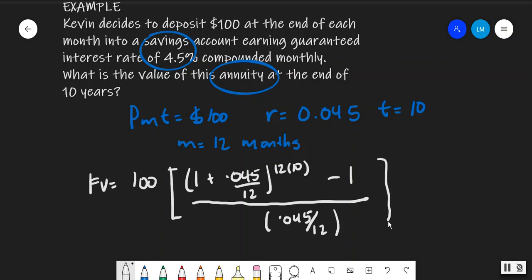Okay, now if you want to enter this into your calculator, you just have to know how to use the appropriate number of parentheses. So you know that you need that in its own, and then this one's already accounted for. So let's see.